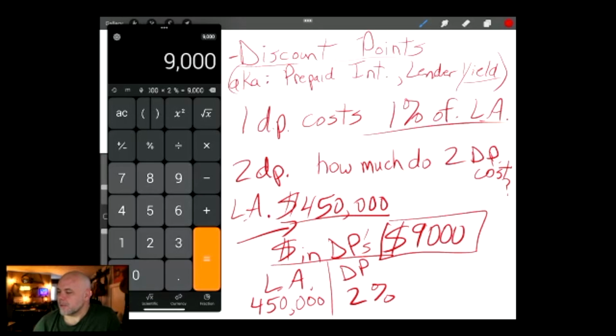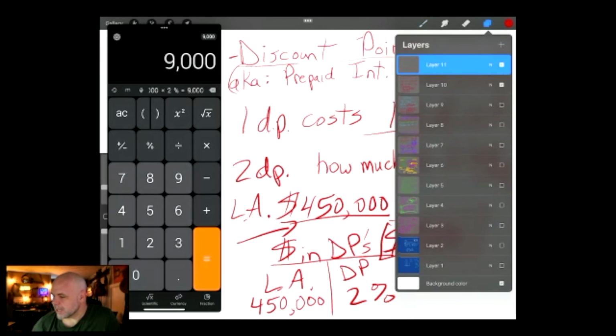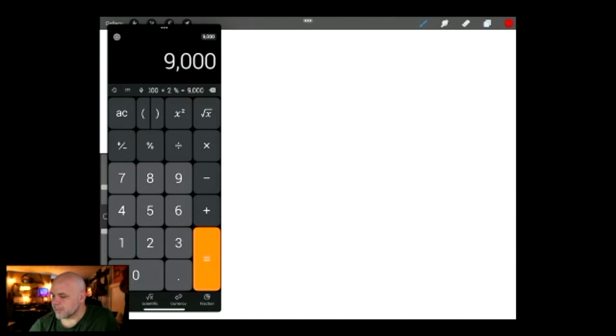What they'll do a lot of times is make you do both of them in one problem. They'll say the lender charges 1% for origination fee, and they're also going to do 3 discount points.